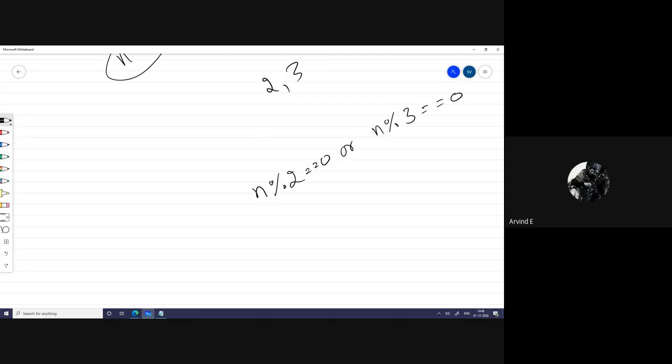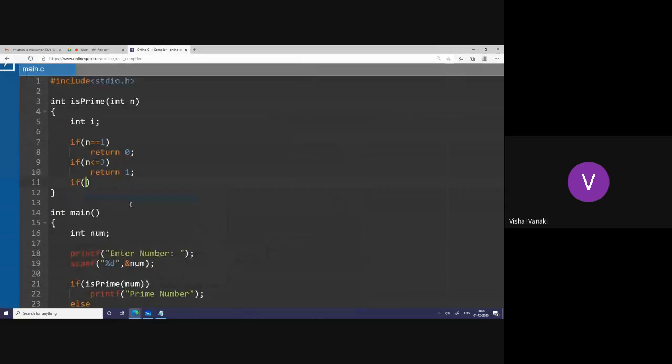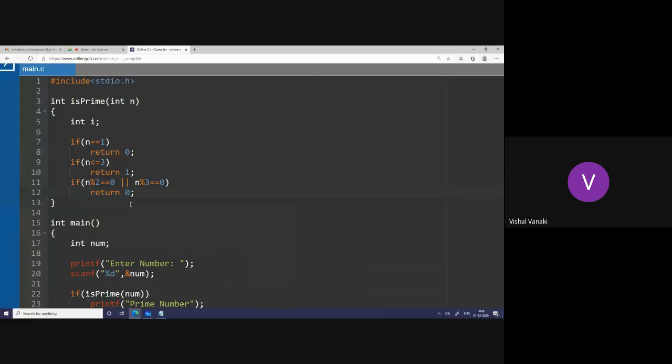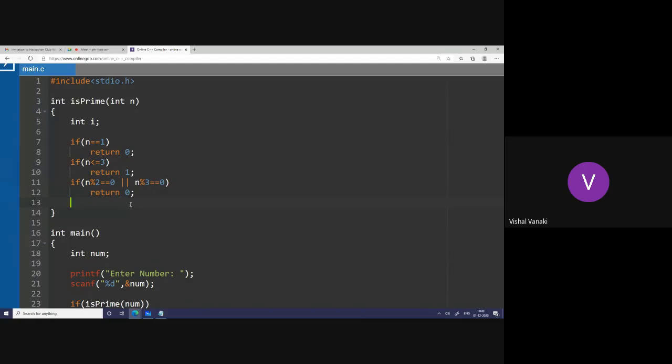So this is the next condition: if n mod 2 is equal to 0 or if n is divisible by 3, then it is not a prime. Return 0. I have checked for 1, I have checked 2 and 3 for prime, and I have checked multiples of 2 and 3 for not a prime. Both things are done.